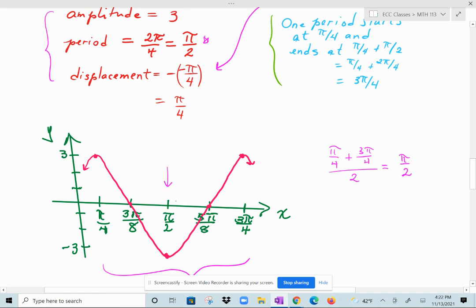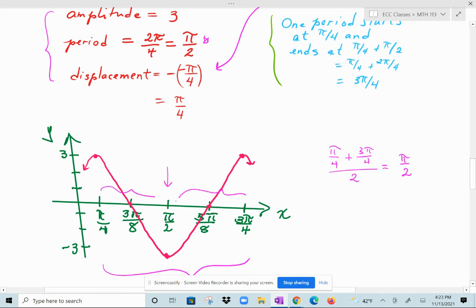And then you would do the same thing to find 3 pi over 8 over here. You would add the pi over 4 and the pi over 2 and divide by 2, and that would give you 3 pi over 8 as the middle of that. Same thing here, add pi over 2 and 3 pi over 4 and divide by 2, and you would find that 5 pi over 8 is the other quarter.